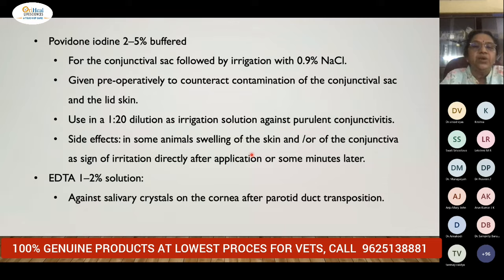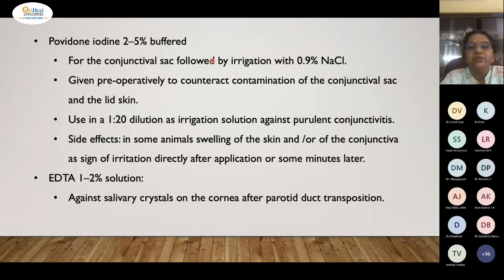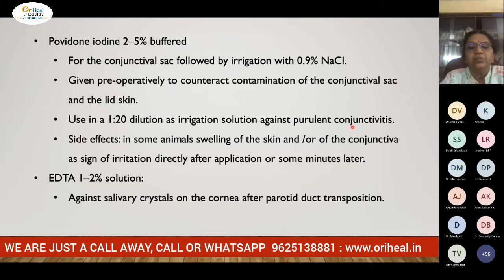Buffered povidone can be used as a coleria, but further irrigation with 0.9% sodium chloride is always indicated, or I use distilled water after that. It is very important to use povidone with infections like purulent conjunctivitis. Whenever there is purulent conjunctivitis, just cleaning with distilled water alone is not sufficient.